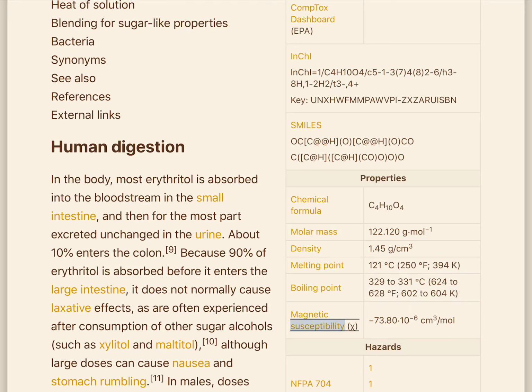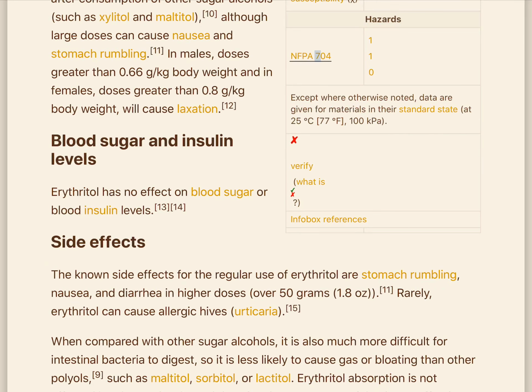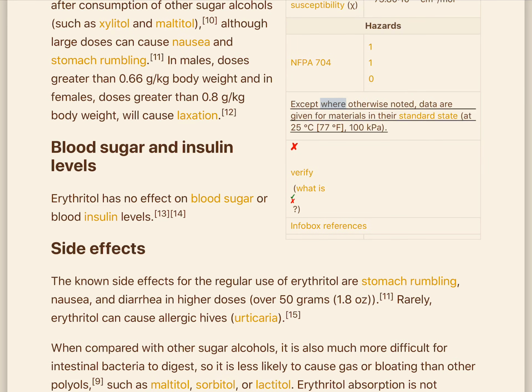Magnetic susceptibility, χ, −73.80×10−6 cm3/mol. Hazards, NFPA 704, 110. Except where otherwise noted, data are given for materials in their standard state, at 25 degrees Celsius, 77 degrees Fahrenheit, 100 kilopascals.